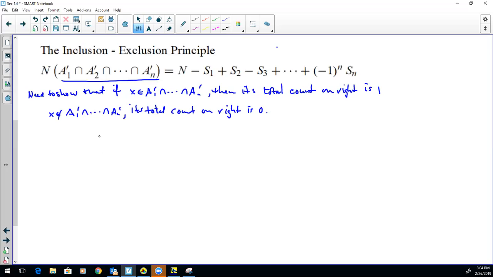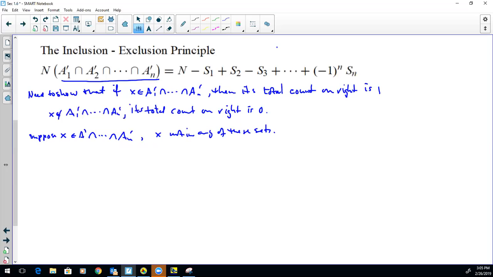Okay. So let's suppose that X is not in any of these sets. So X is in this intersection. So that means X is not in any of these sets. Okay, so it's not in A1 and it's not in A2 and so on.